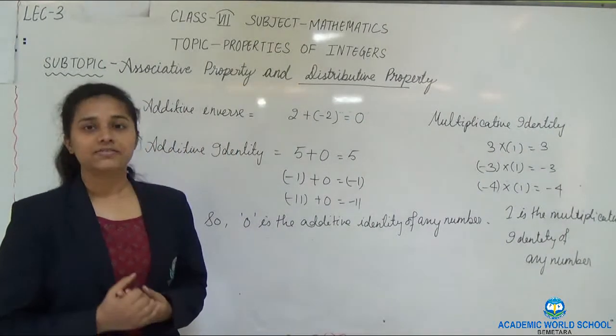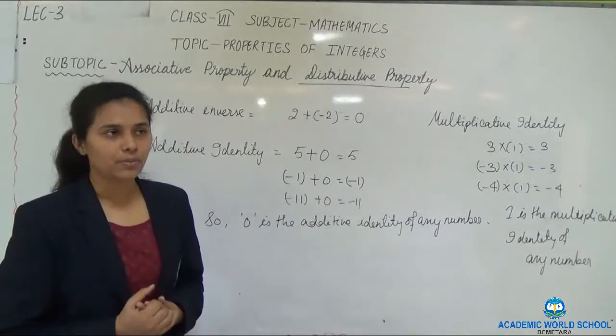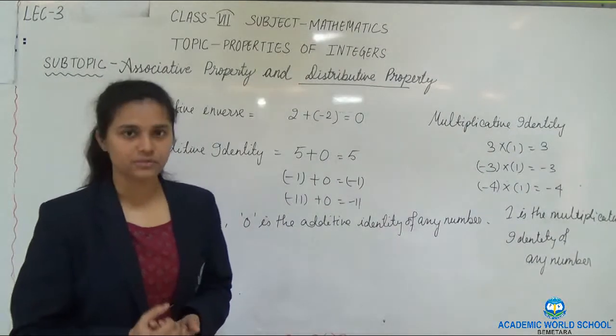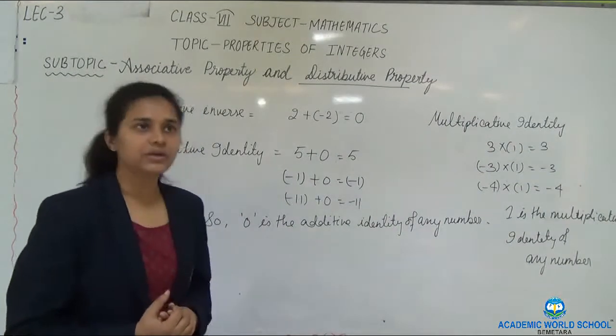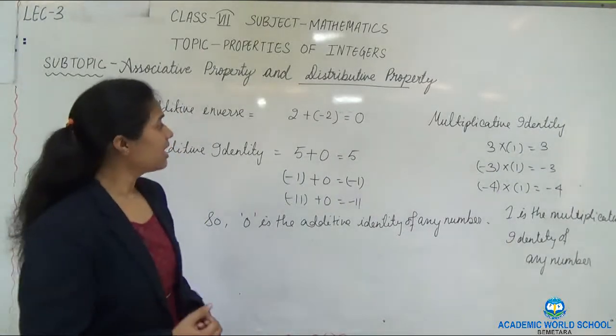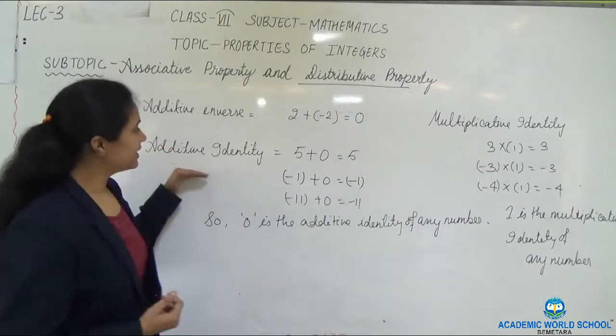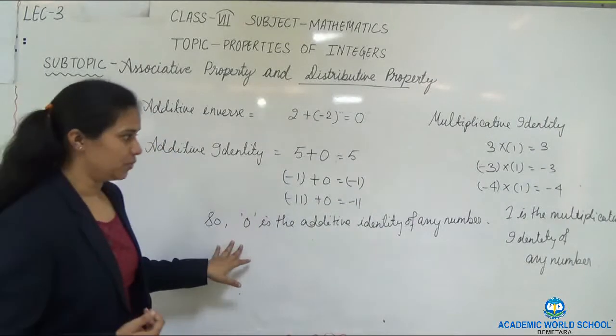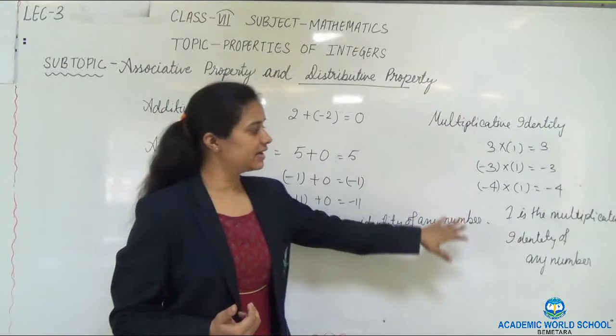And always remember, division does not satisfy any of the properties. Why it does not satisfy? Because when we divide any two integers, it's not necessary that we get an integer.